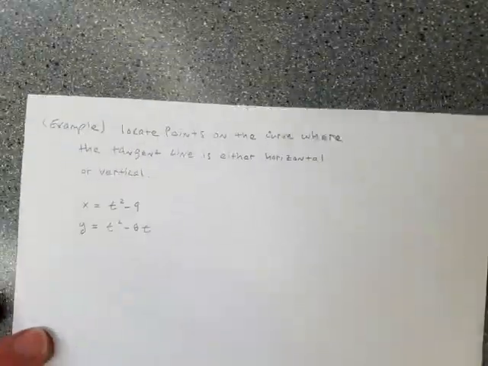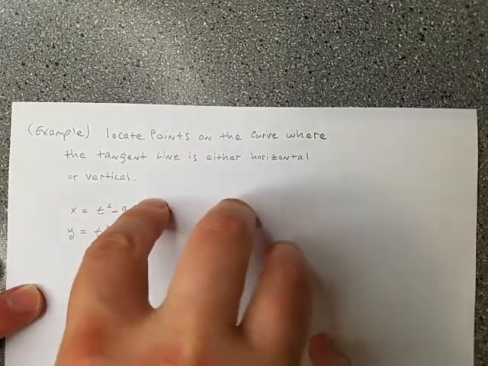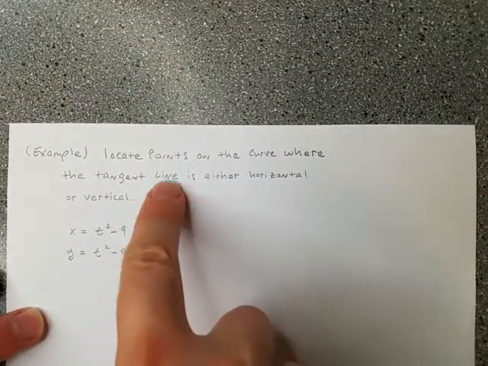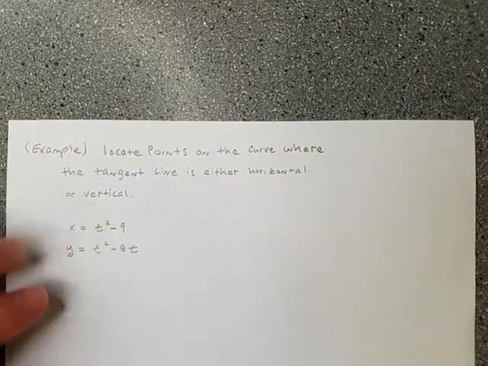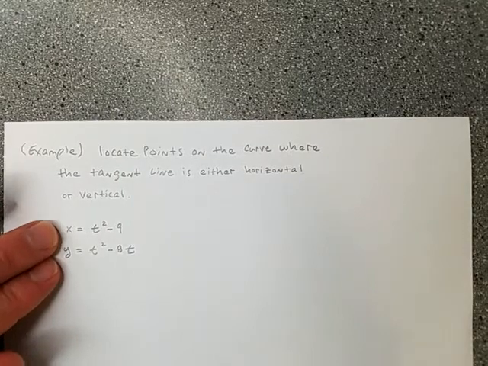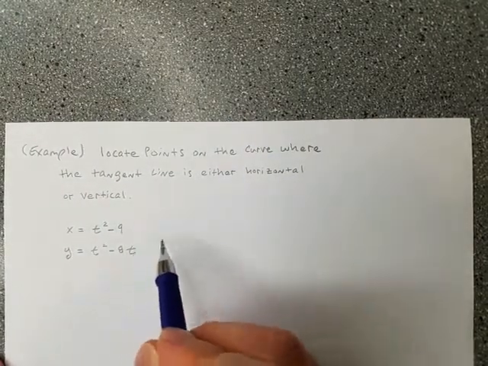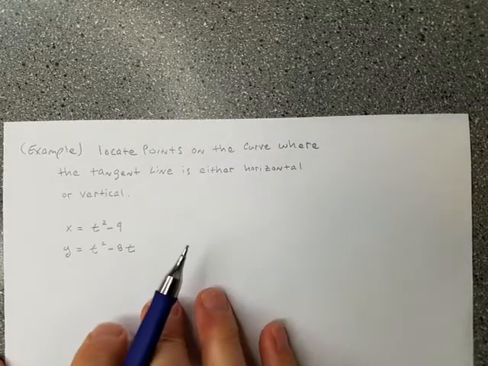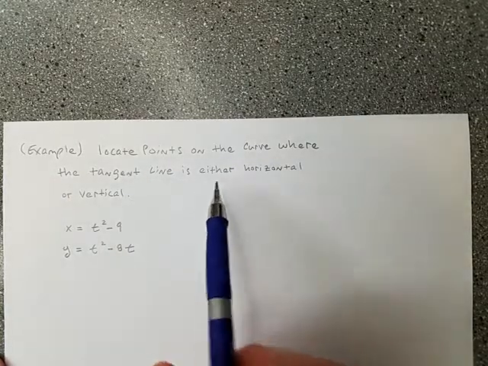Could we maybe do something in reverse, where instead of finding the slope at a point, we're finding points that have a certain kind of slope? At this point, I'm not worried about what the curve looks like. It's some kind of a curve. Could we locate the points where the tangent line is either vertical or horizontal?